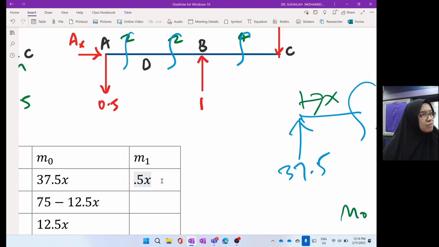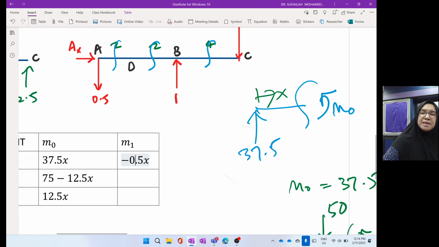Negative or positive? Negative. It is negative 0.5x. Okay. What about DB?